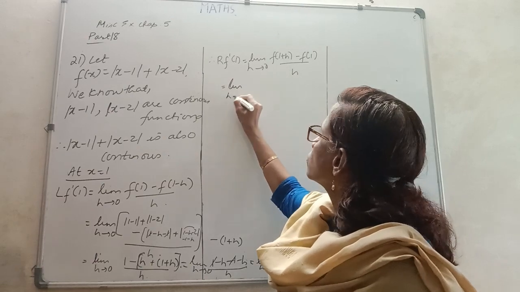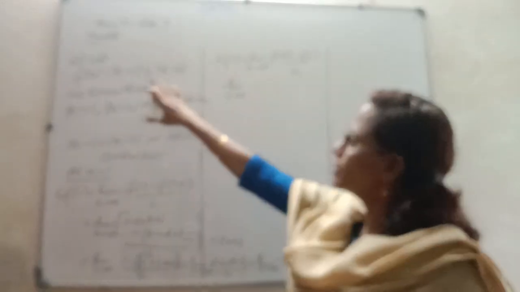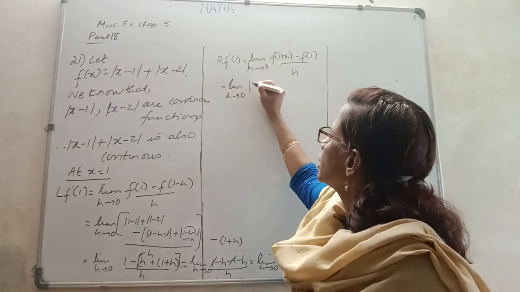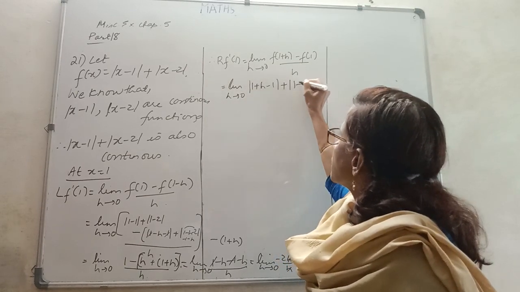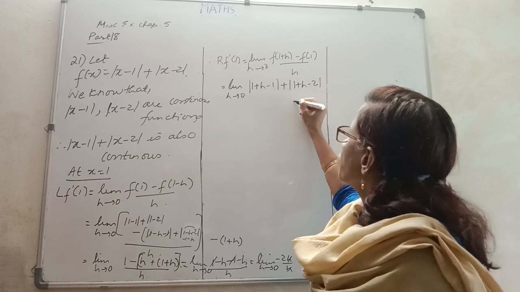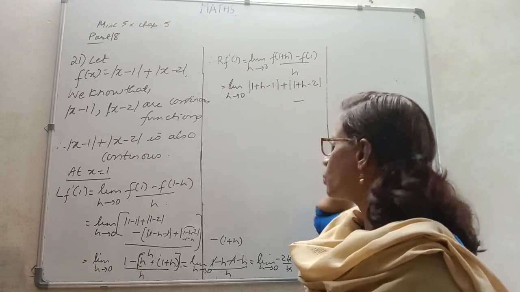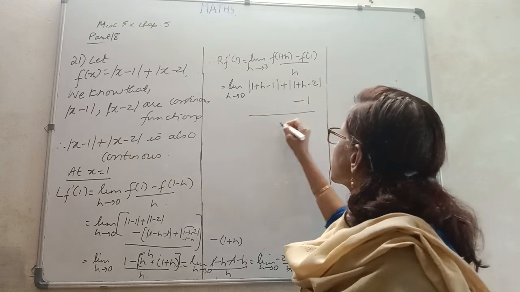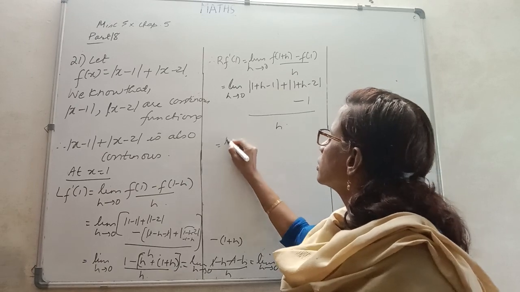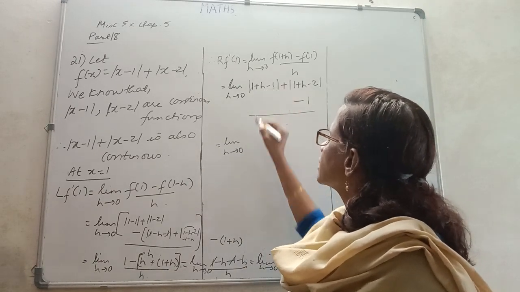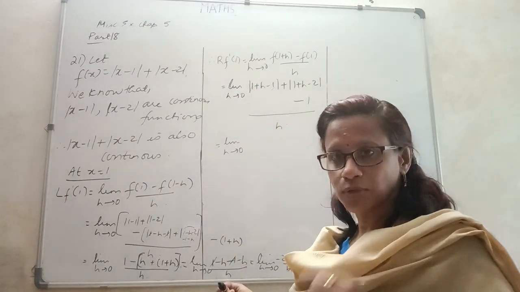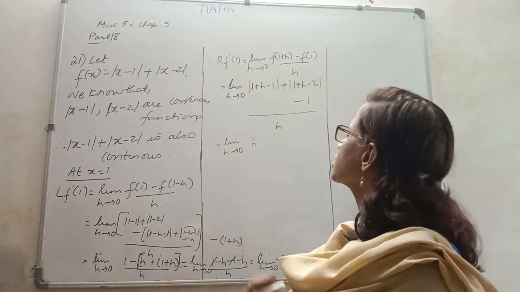Let's see what happens here. Limit as h goes to 0, f of 1 plus h, same way. In this definition, let's apply it. 1 plus h minus 1, 1 plus h minus 2, f of 1 we have got the value as 1, by h. So limit as h goes to 0, 1 1 cancel, modulus of h. h is a positive quantity, modulus of h is h itself.